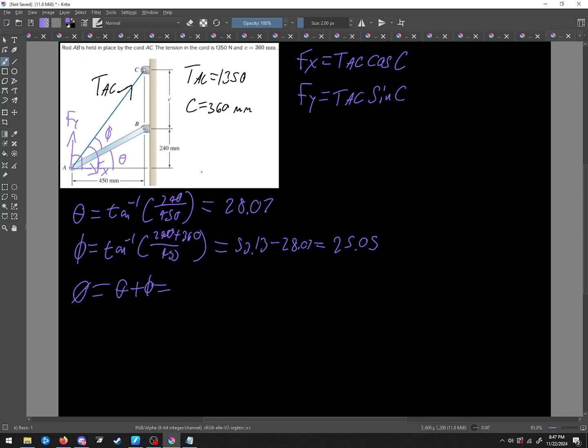This will give us direct x and pure y, so it's going to be 28 plus 25. It's 53.13. I could have had that the whole time. I'm so stupid.